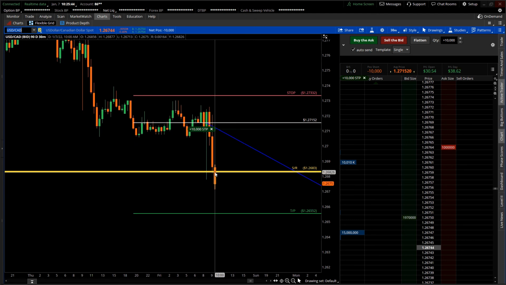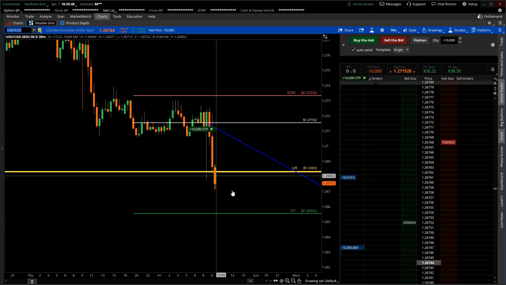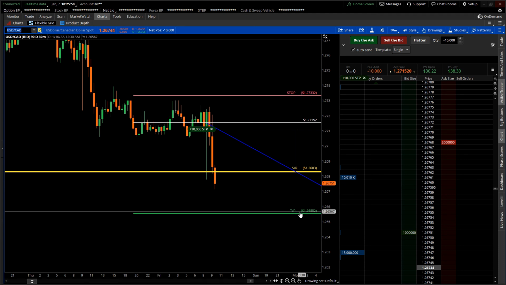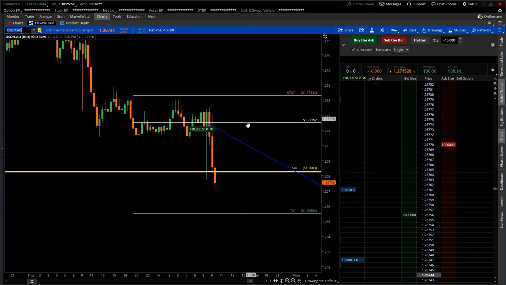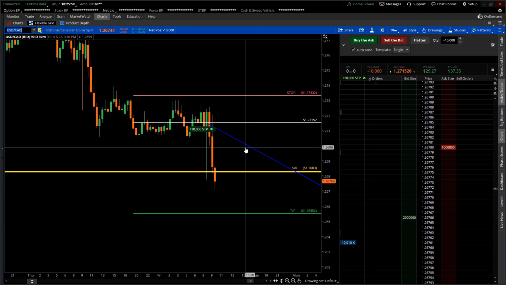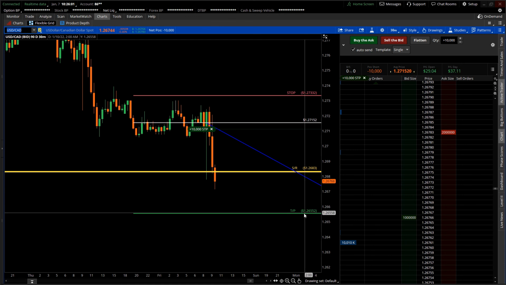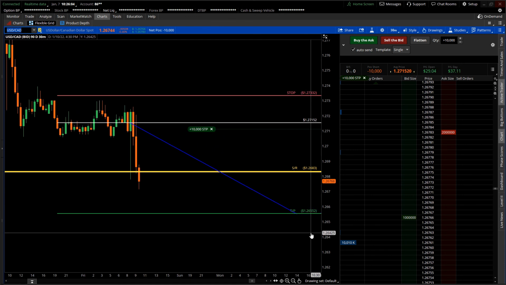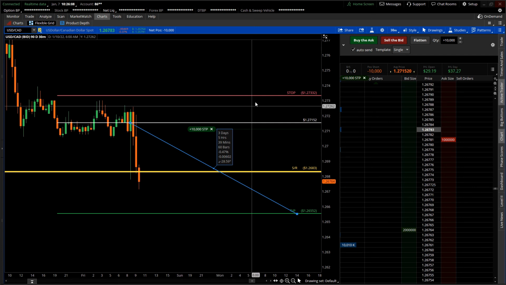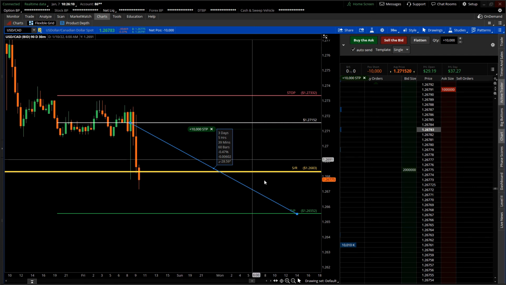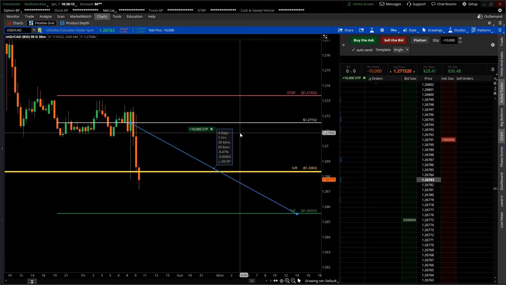Price is breaking below a local support resistance level that I identified, and my initial take profit is right here at 1.265, which is a 1 to 3 risk to reward. I was risking 18 pips, and from here this is 60 pips, so I was risking 18 to make 60. That's a little over 1 to 3 risk to reward.